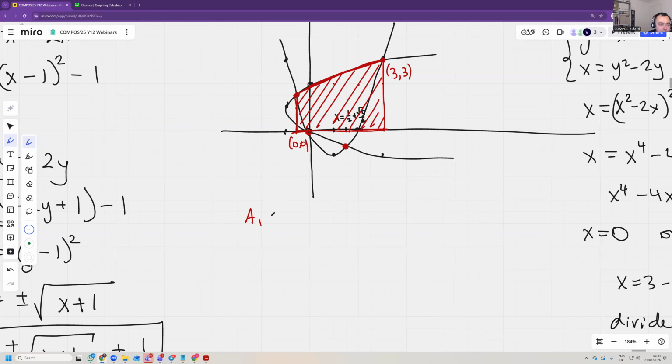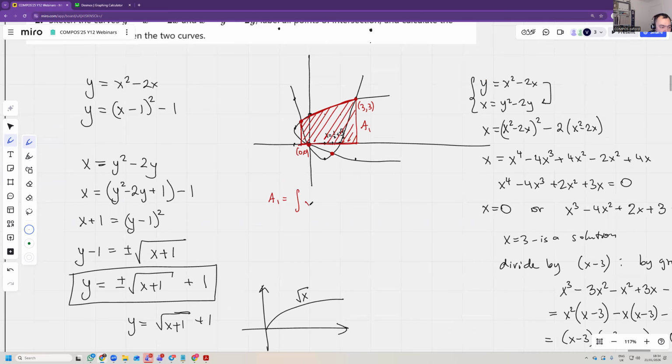This is A1. And that would be the integral of the top line, which is square root of x plus 1, between limits a half minus root 5 over 2 and 3, dx.